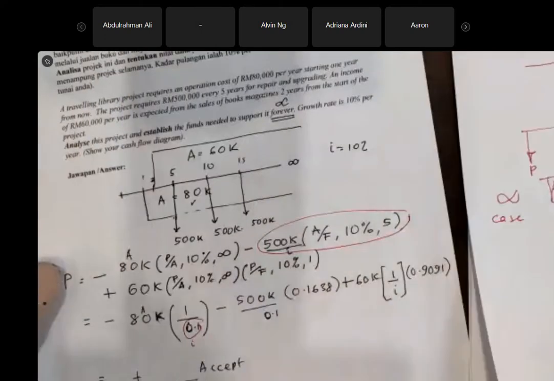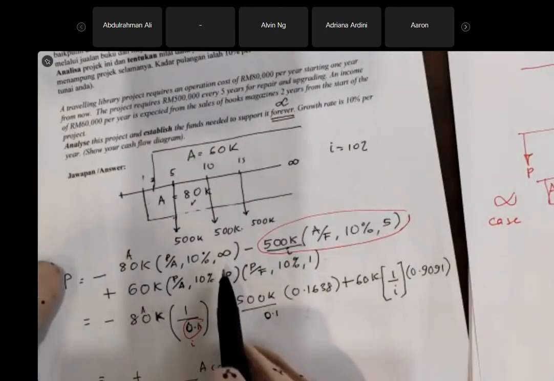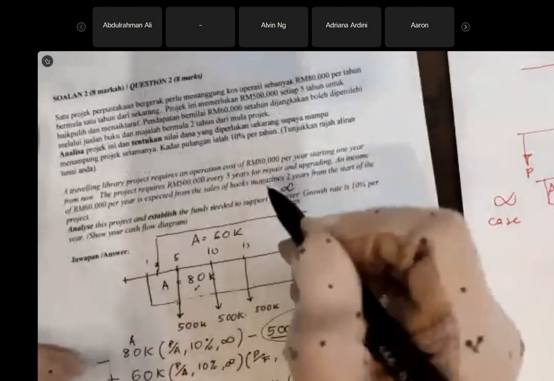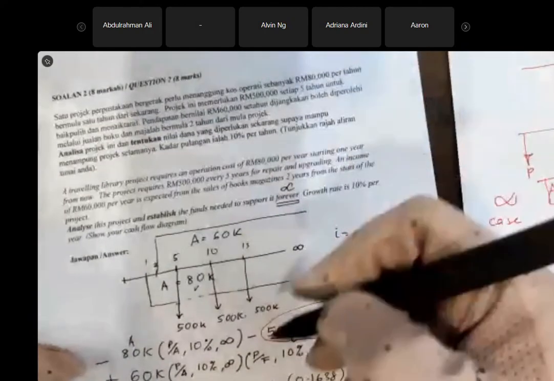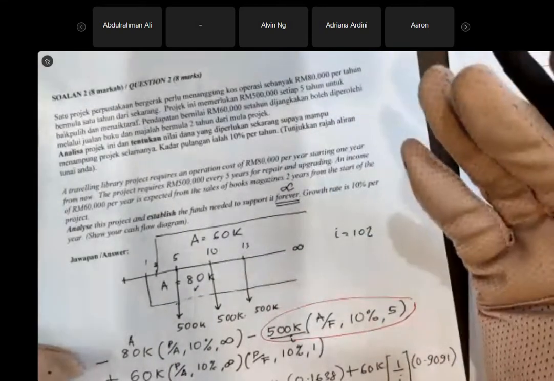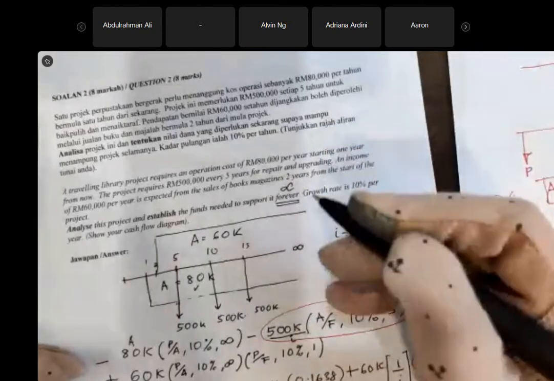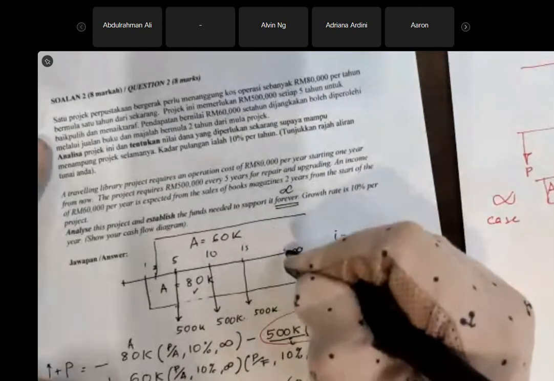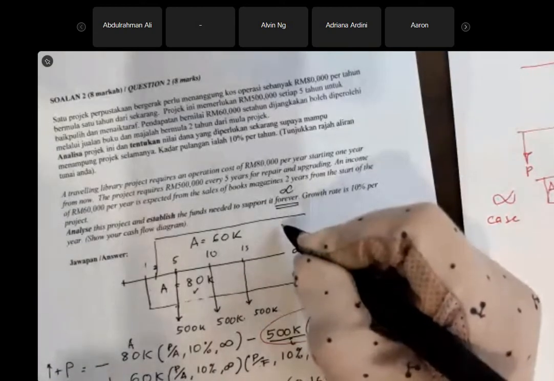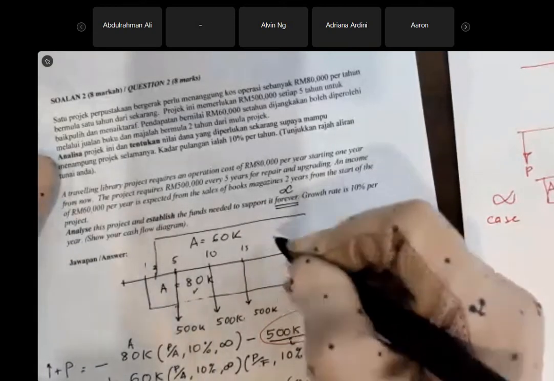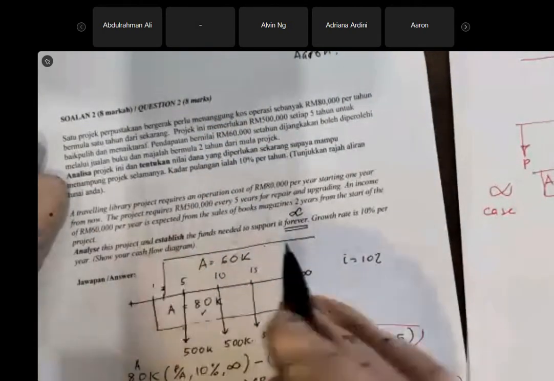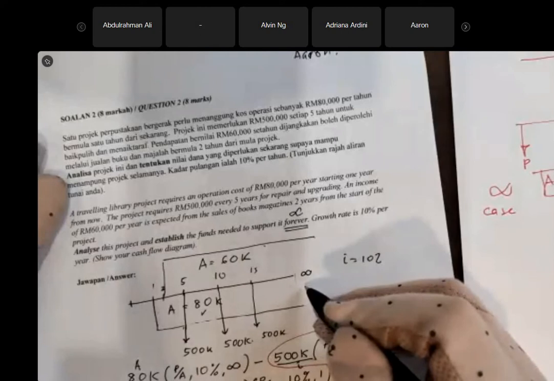Yeah, and also about the infinity and offline. Be careful because if they mention the salvage, meaning the final value, the salvage is at what year. If they mention the year is 20, that means you have to assume everything is until year 20.